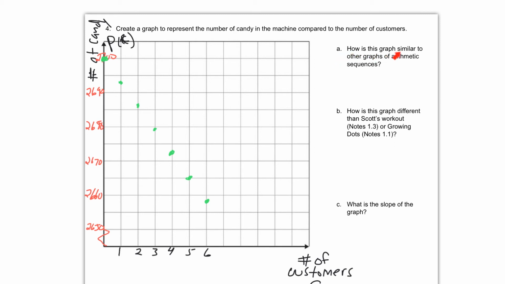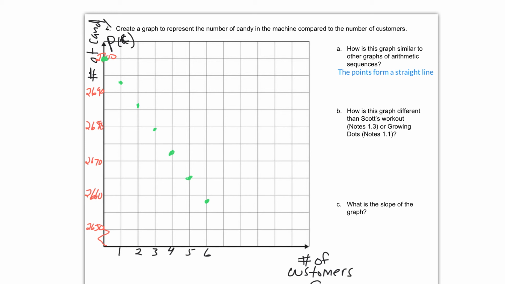Letter A says, how is the graph similar to other graphs of arithmetic sequences? And so it's similar in a way that it is still a straight line. So the points form a straight line. How is the graph different than Scott's workout?